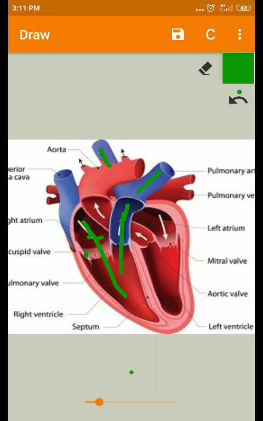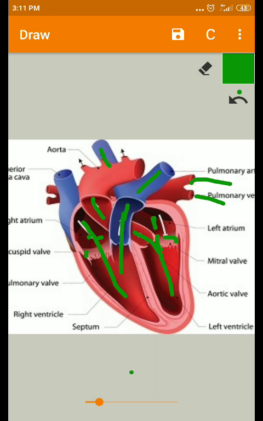In the lungs the blood is oxygenated, and then that oxygenated blood is carried by the pulmonary veins and opens into the left atrium, and from the left atrium to the left ventricle through the mitral valve. From the left ventricle it enters the aorta, and the aorta, through its branches, supplies the whole body. This is about the circulation of blood.